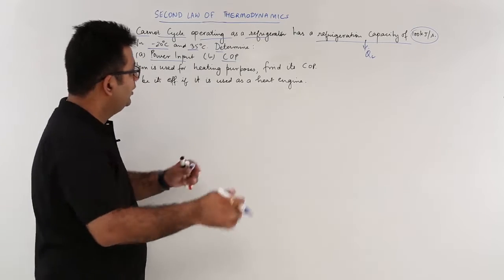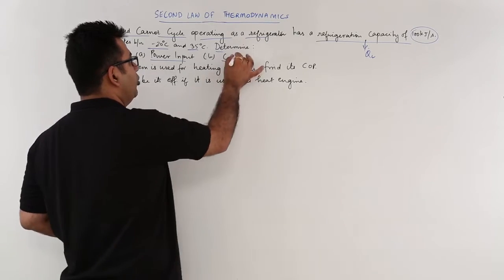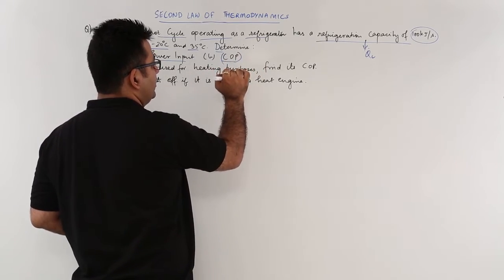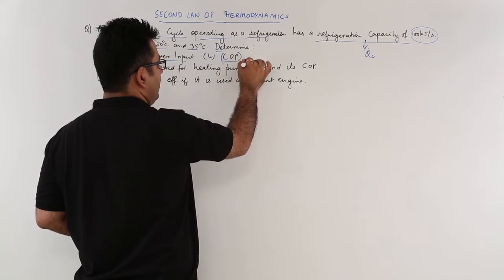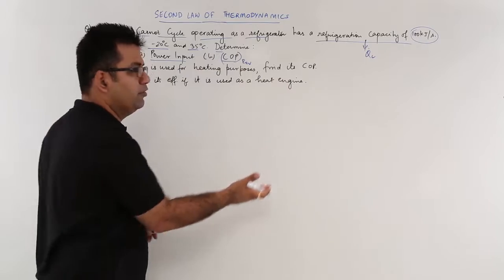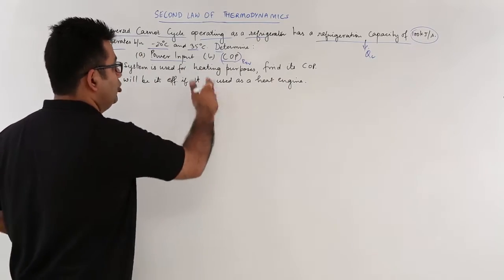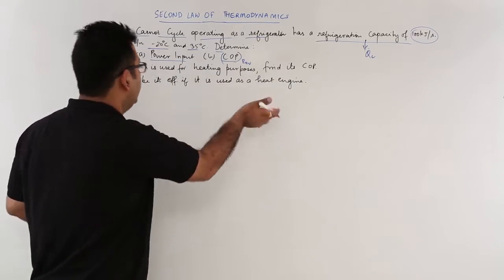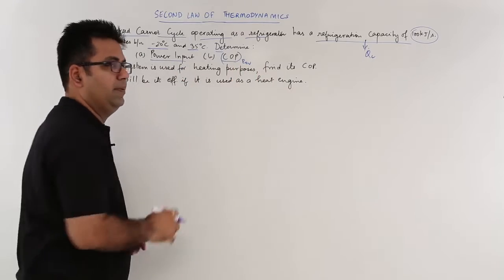This is the COP, you can say, of a reversed Carnot cycle. And after finding out the COP of the reversed Carnot cycle, you use that COP to find out the power input.